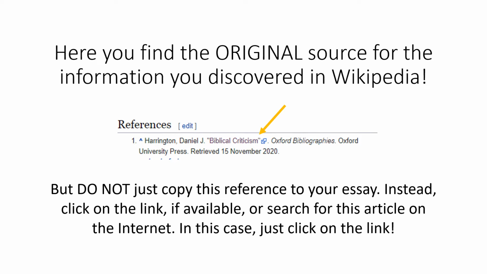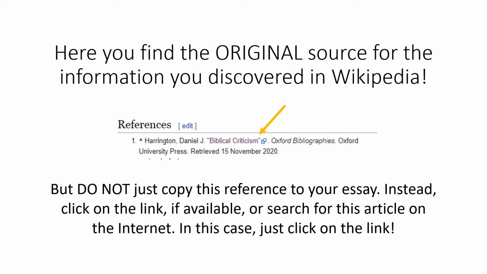So whoever group sourced this in Wikipedia used this article by Daniel Harrington out of the Oxford Bibliographies. But don't just copy this link onto your essay and say, I use this definition by Daniel Harrington. Instead, click on the link if it's available, like it is here, or just search the article on the internet and find the original information from Daniel Harrington, where he gives his definition of biblical criticism.